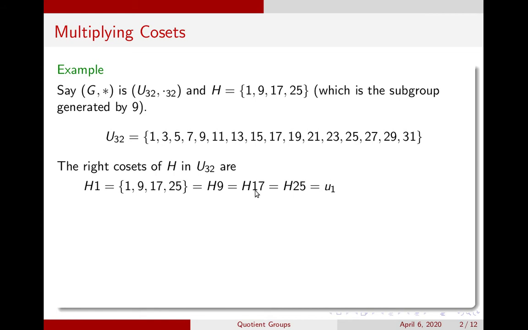Similarly, the right cosets determined by 17 and 25 all have to be the same as the right coset determined by 1, and we will call that U sub 1.